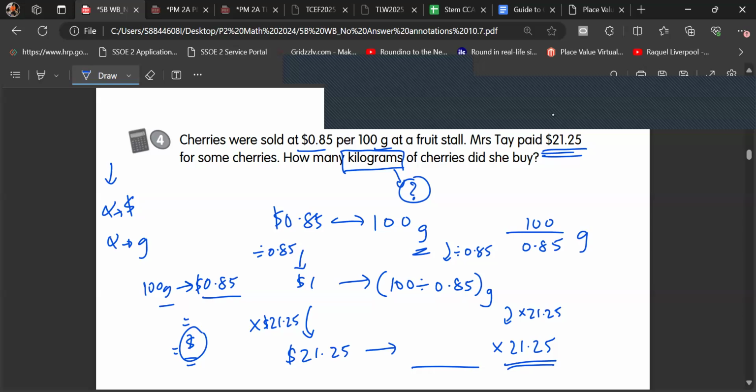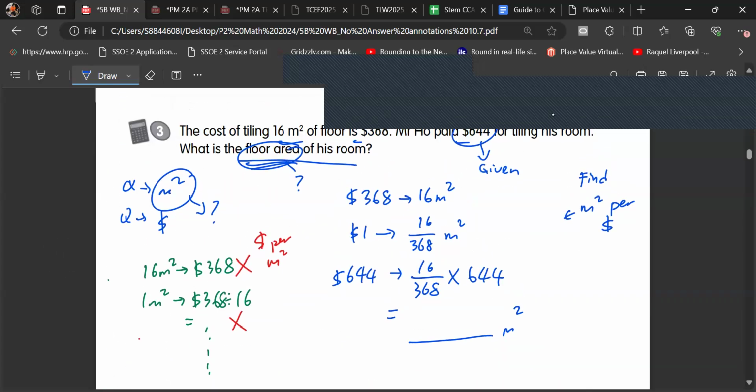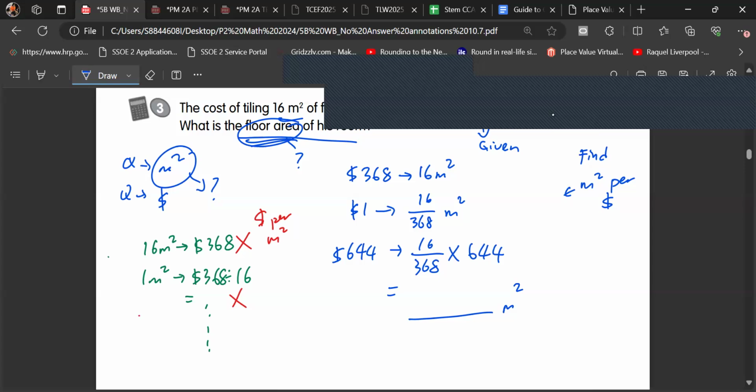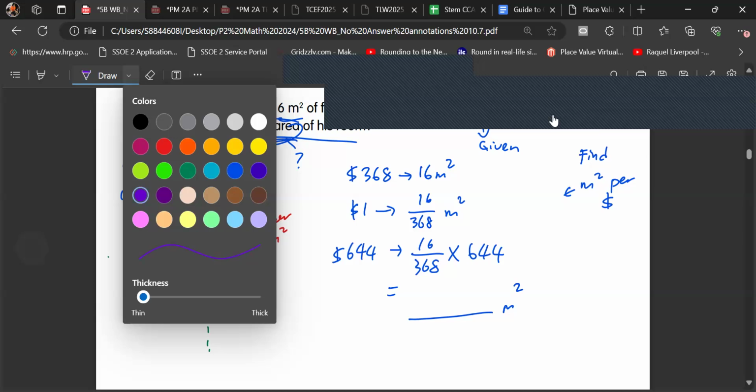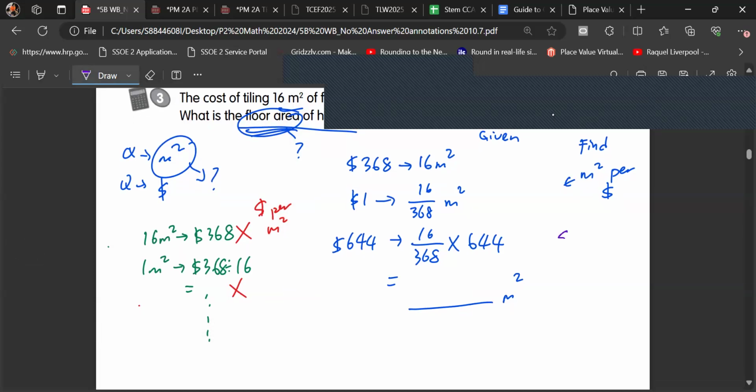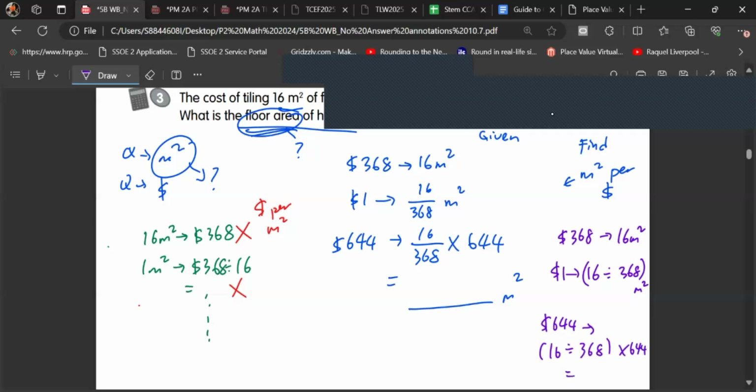So if I rewrite this, I use a different color, rewrite this, okay? You see whether it makes better sense for you. $368 is 16 square meters. $1 will be 16 divided by 368. Okay? So $644 will be 16 divided by 368 times 644, which will give you the same answer.